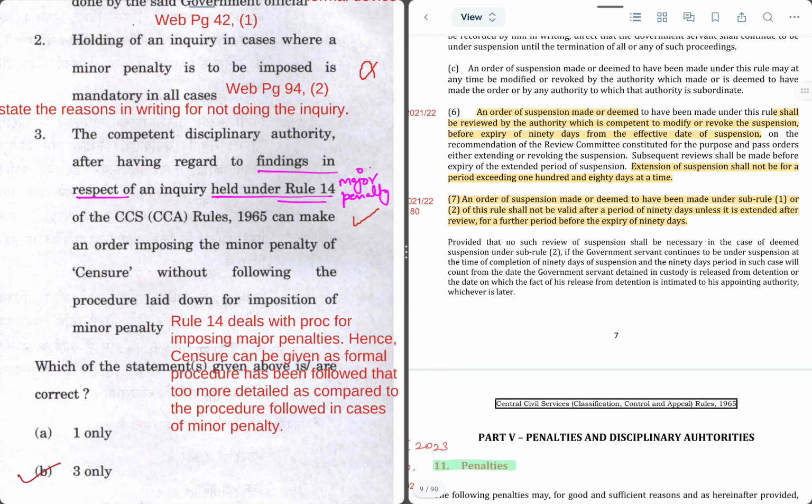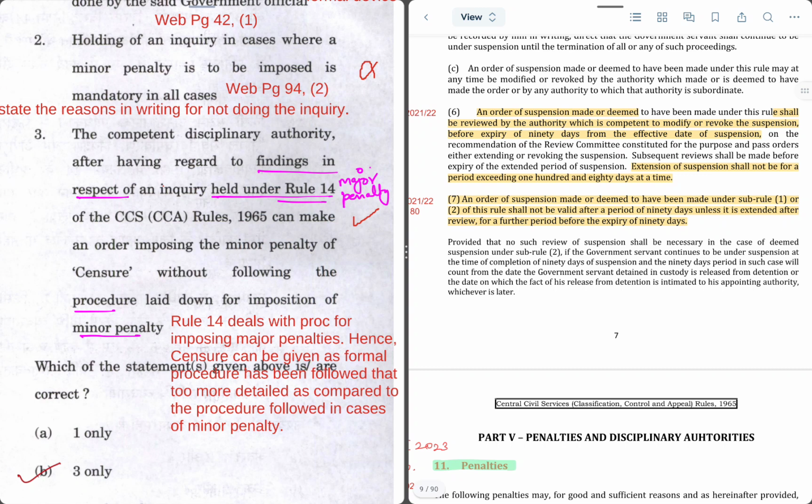In a major penalty, a procedure has already taken place, and censure is a minor penalty. So we do not need to again follow the procedure laid down for minor penalty, because the procedure for major penalty is more elaborate and more detailed than that for minor penalty. Hence, the procedure for minor penalty can be left. So this is also correct.